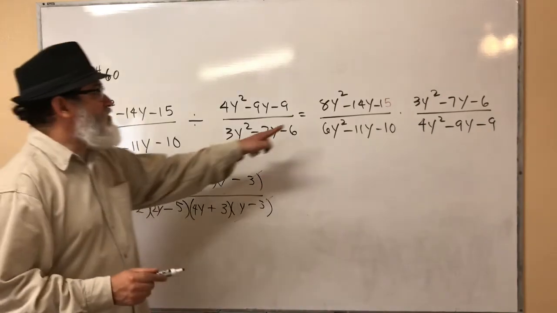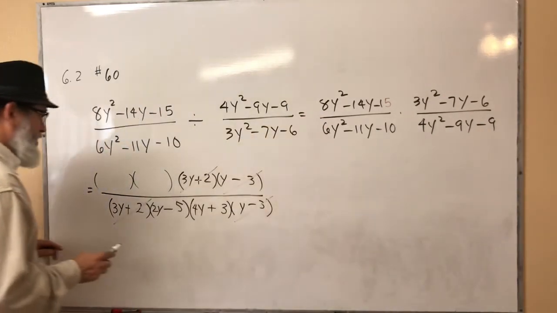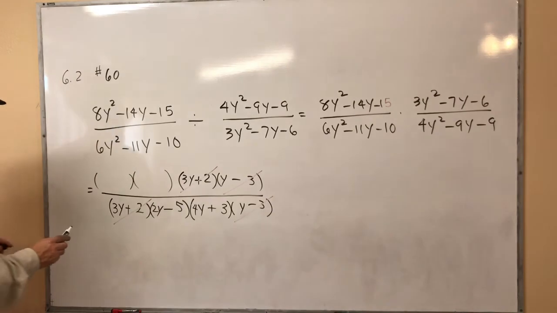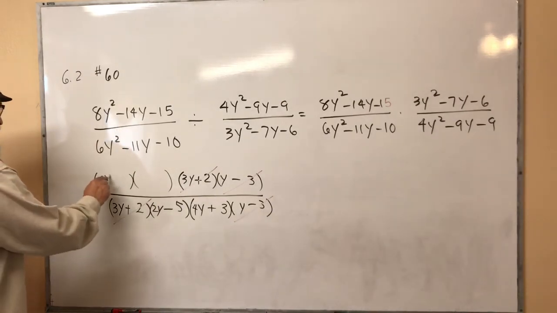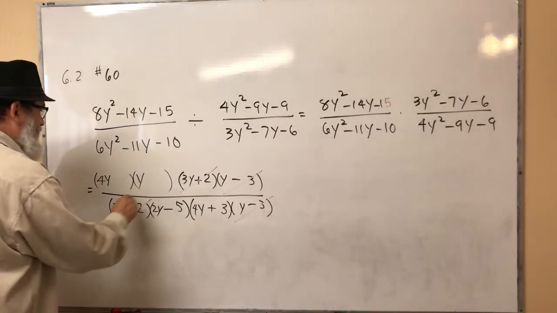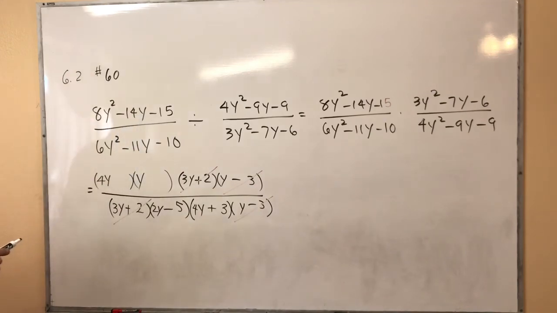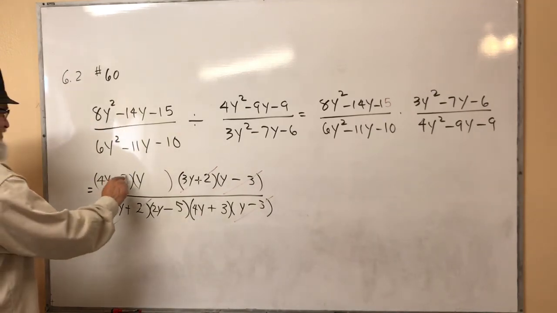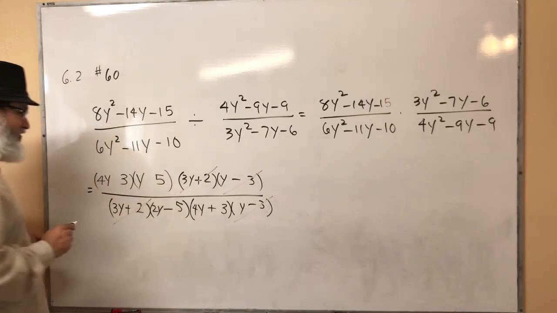I'm going to factor this one. Okay. 4y times y. And then 3 times 5.